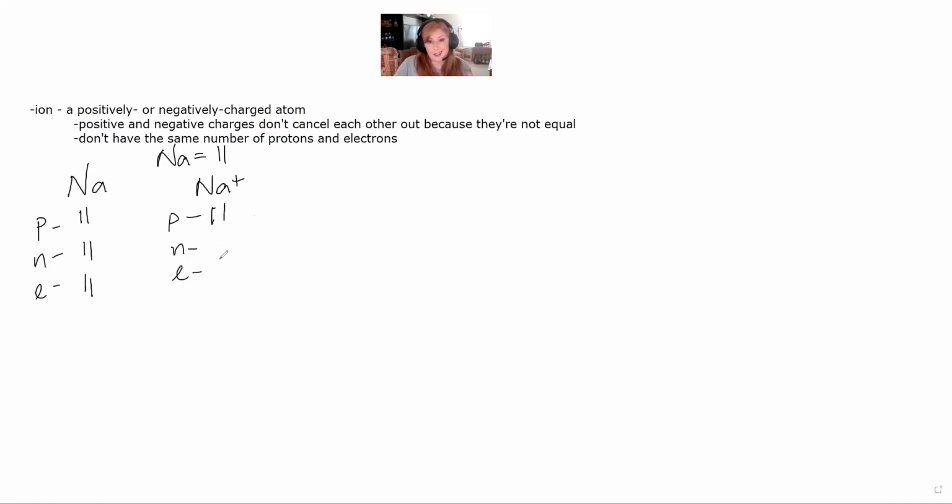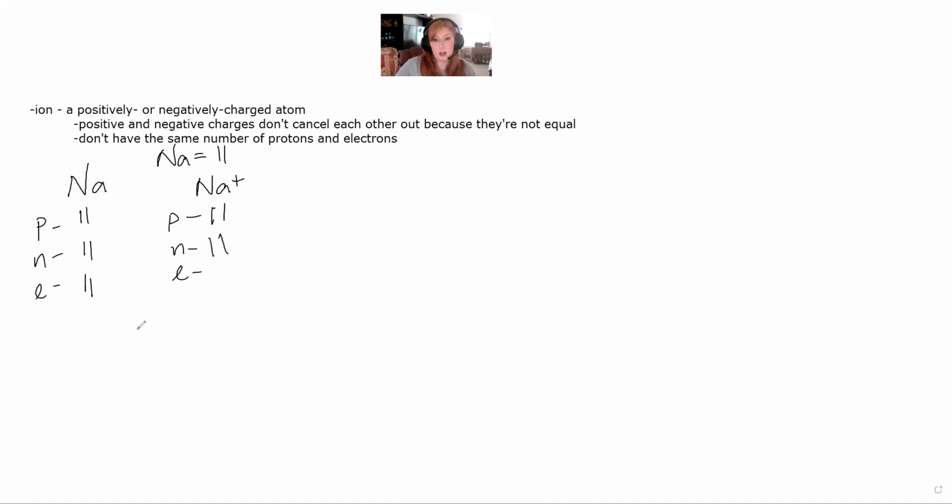This is an ion, not an isotope. So we know we're going to have still 11 neutrons. So now we only have one option. Where are we going to get our positive charge from? It's going to be the electrons, right? You can't add an electron, because if I add an electron, that's going to give this a negative charge, because there'll be more electrons than protons.